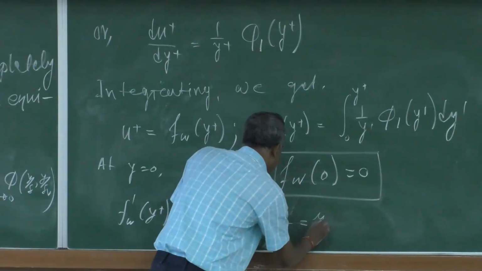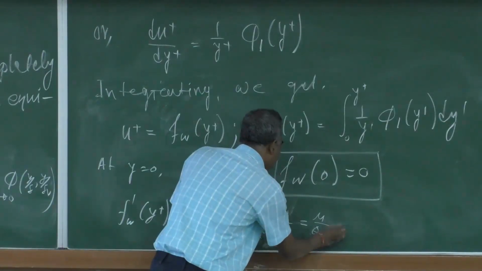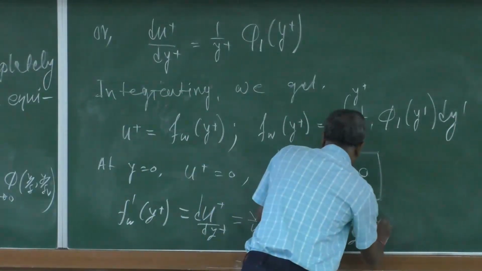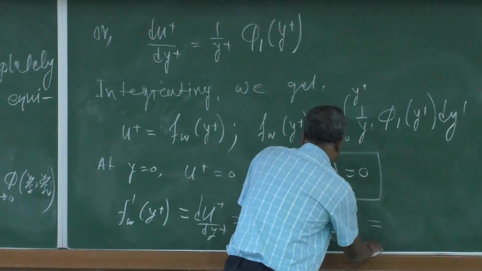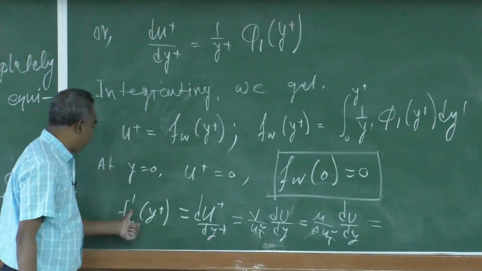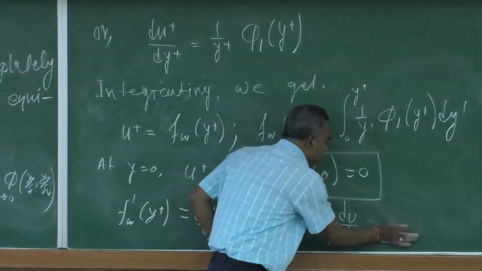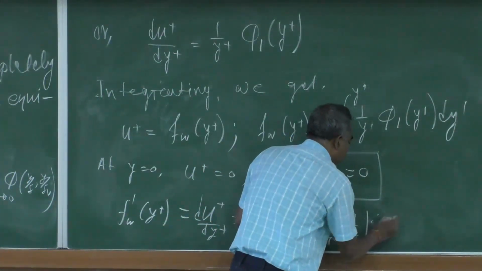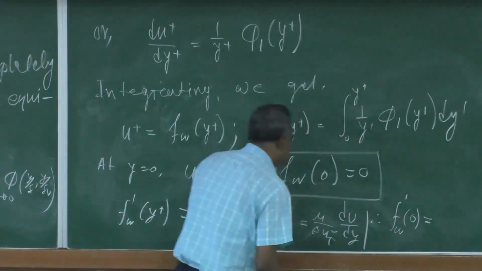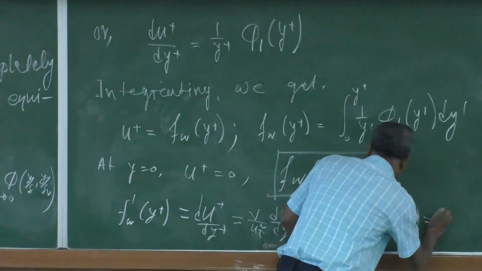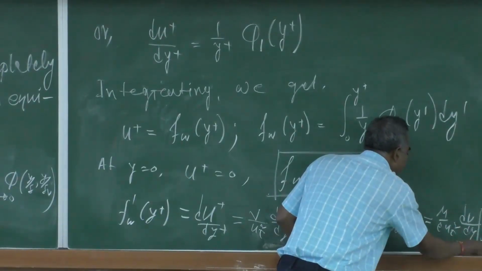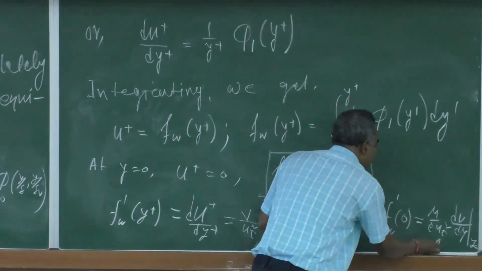That means mu by rho u tau square du dy. Then f w prime at y equal to 0 is equal to this quantity, mu by rho u tau square du dy at y equal to 0, which is nothing but 1.